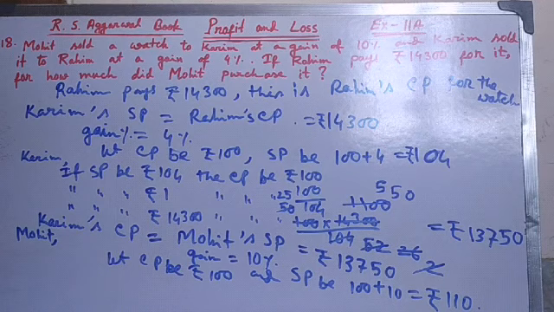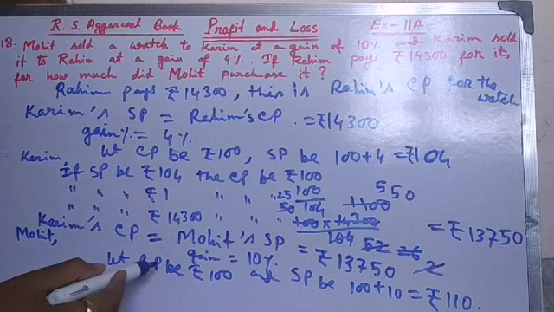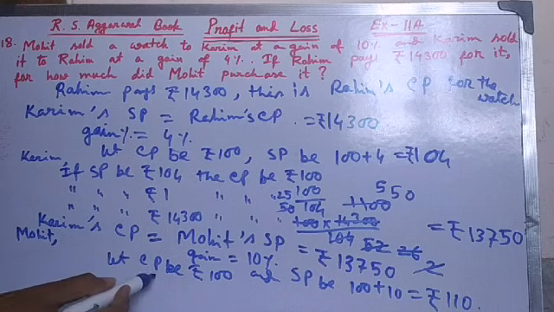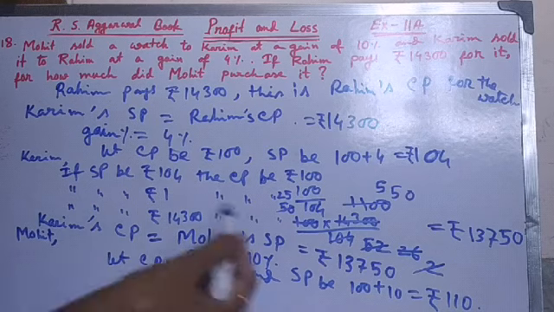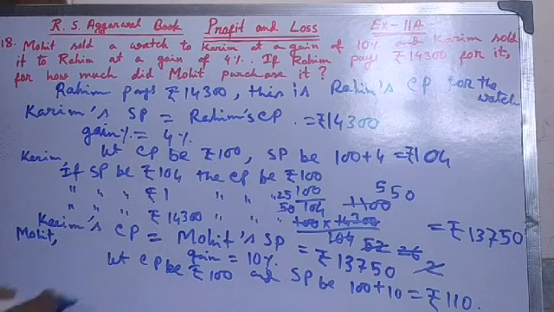Now again unitary method we will use here, but here we have to find out CP, Mohit's CP for the watch. So CP will be on the right hand side and SP will be on the left hand side.